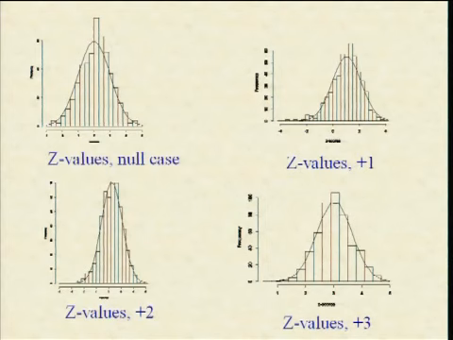These are some simulations. This is what happens in the null case, but if all the non-null genes had the same mean relative to the standard deviation of 1, they'd look like this, a normal.